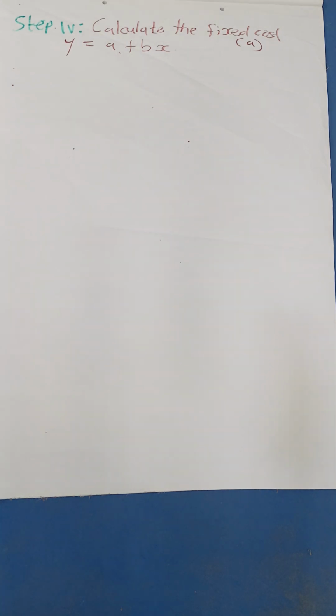Now, you can use either the highest or the lowest output level to calculate the fixed cost, or you can use both the lowest and the highest output. Remember, we were able to identify the highest and lowest output.